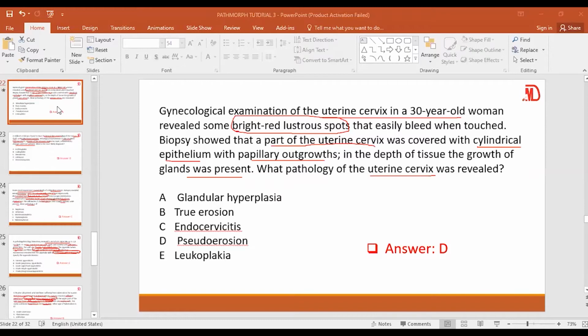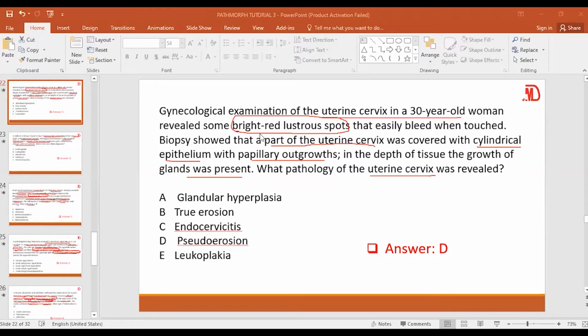I'm saying that true erosion exists no more than 2 weeks, and it passes into the next stage, which is pseudo erosion. So from true erosion, it moves to pseudo erosion.